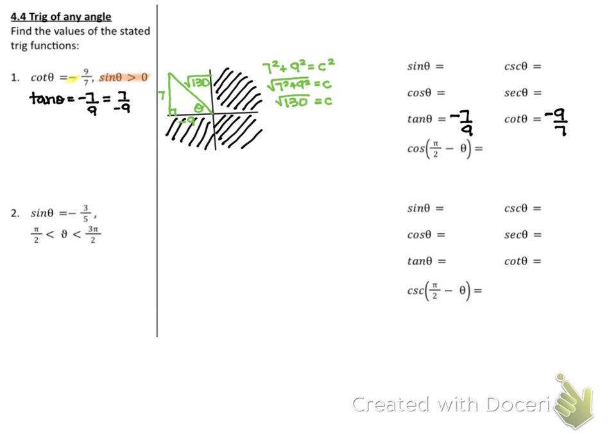And then from here, I'm just going to start putting my ratios together. So I've got opposite over hypotenuse, and then flip that guy over. And then I've got adjacent over hypotenuse, and then flip that guy over. And then cosine is complementary cofunction with sine, so then I'm just going to grab sine.